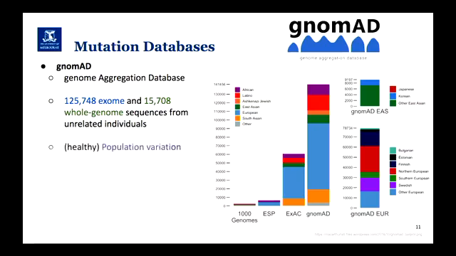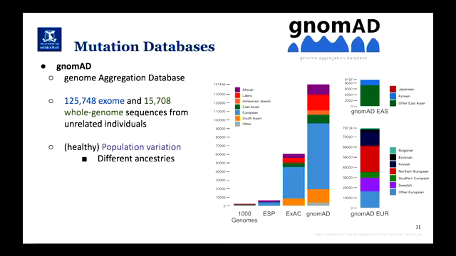So it's a really, really large-scale data set. And this accounts for healthy population variation, okay? From different ancestries. While ExAC, the previous database, was mostly focused on European ancestry, gnomAD brings other ancestries as well, including Latino, which is mixed, African, and so on and so forth.